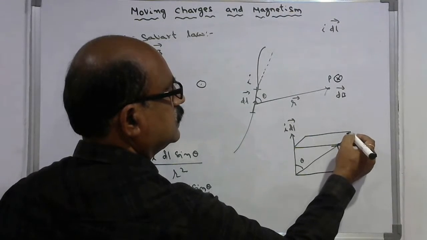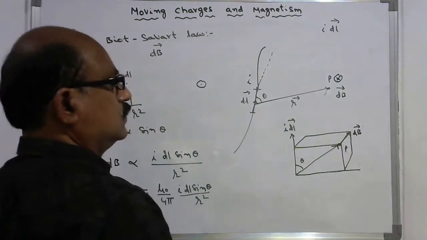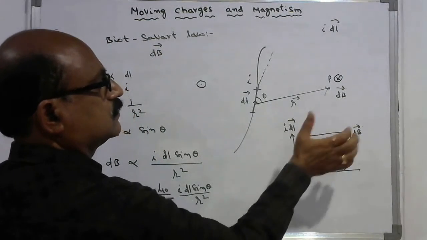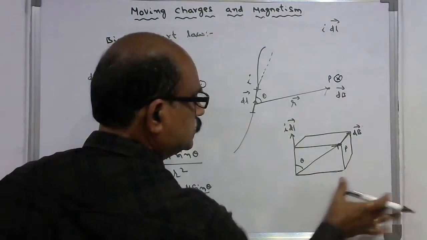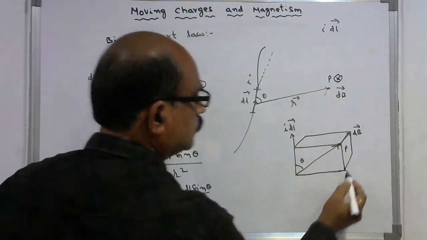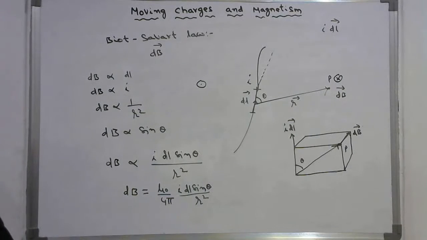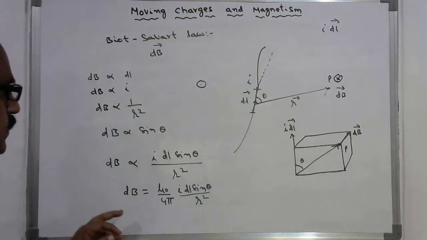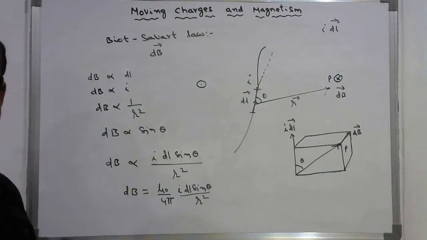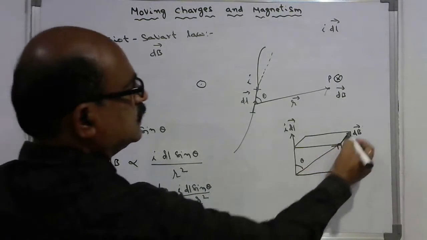This will be the magnetic field direction, dB. So dB is equal to mu naught by 4 pi I dl sin theta by r square. The direction will be this way.